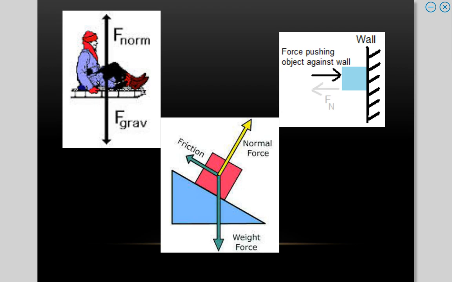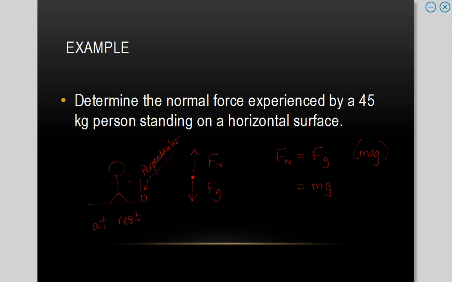Wait a sec, where's my cos theta? But what is theta in this case? Theta, not cos theta. What's theta? What angle does the normal force make with the surface? 90 degrees, right? So go ahead and type cos 90 just by itself, cos 90.